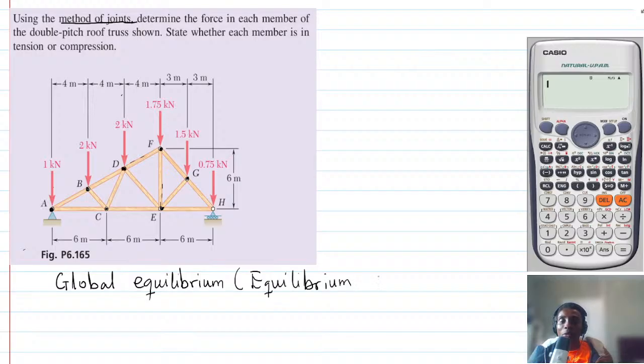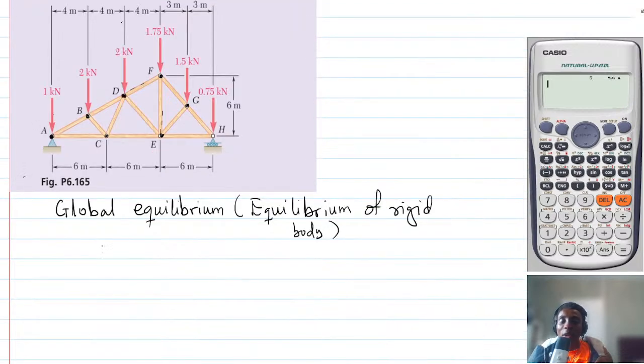What do we mean by equilibrium of a rigid body? When a rigid body is in equilibrium, two things are certain. Number one, the summation of all the forces external to the body is 0. And then the summation of moments at a point is also 0.